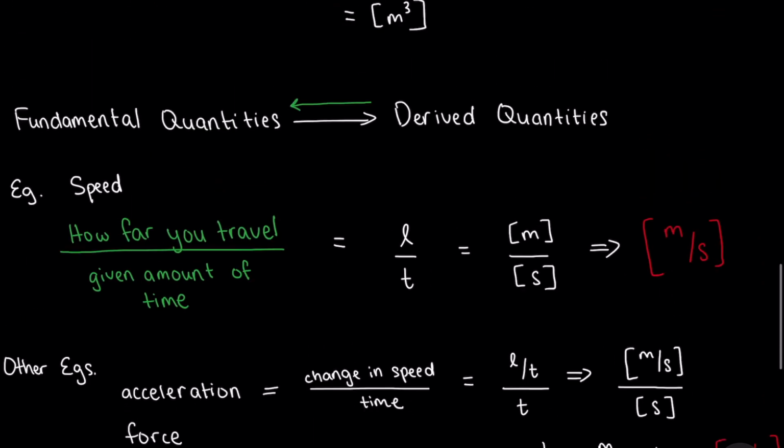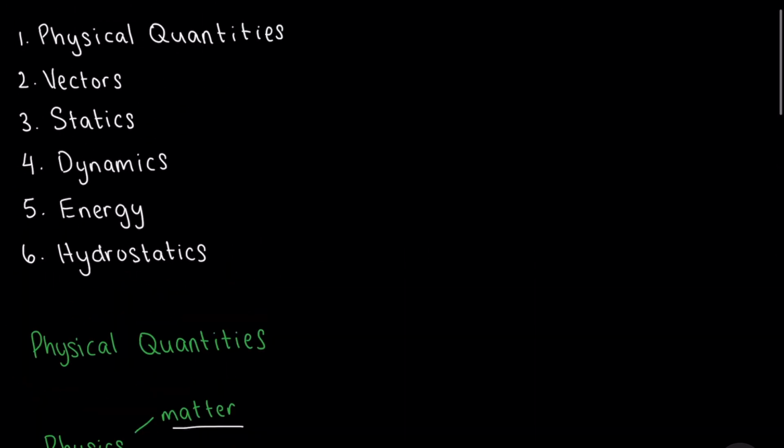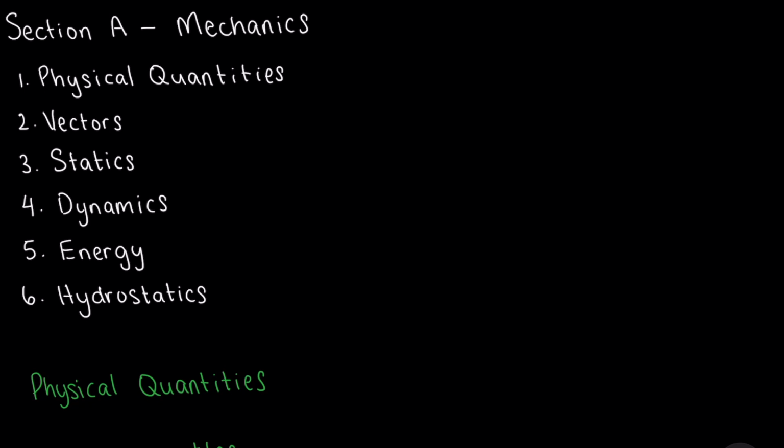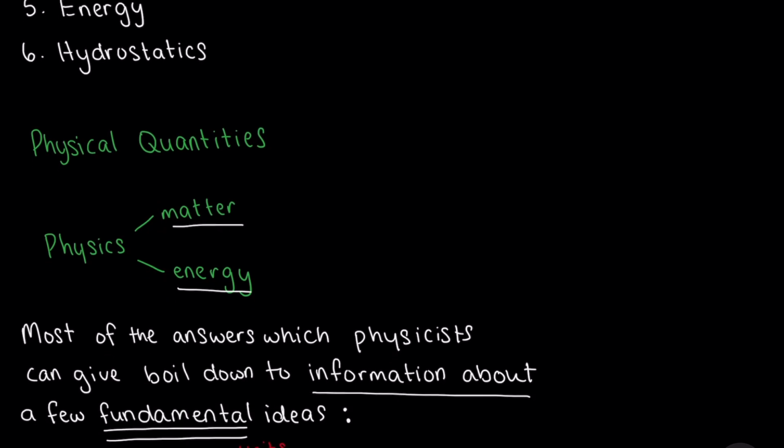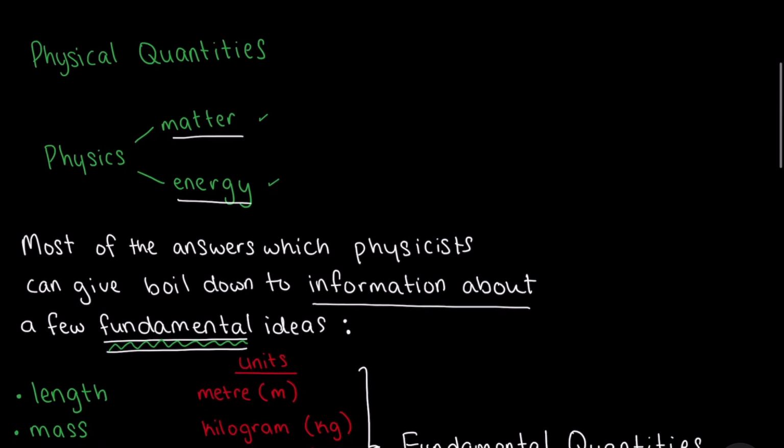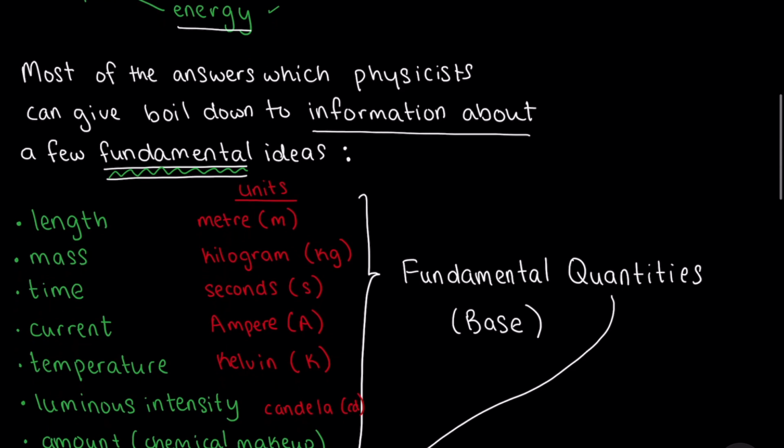So guys, that's the end of our lesson. Just to go over what we covered, we started with a definition of physics, which is that physics tells us about the world around us and how matter and energy are interacting constantly around us. We know there are a few fundamental ideas that make up the building blocks of physics: length, mass, time, current, temperature, luminous intensity, and the amount or chemical makeup of a substance.